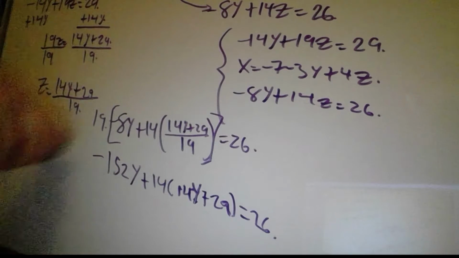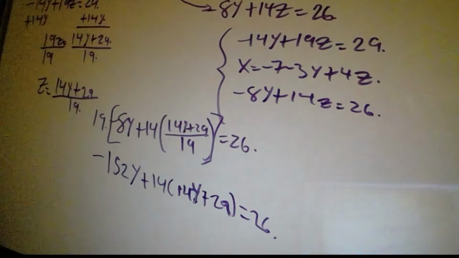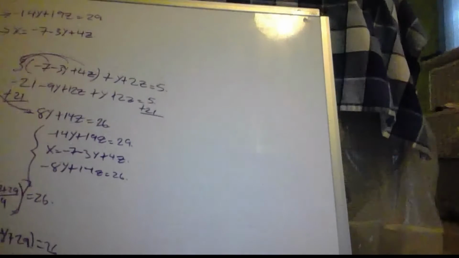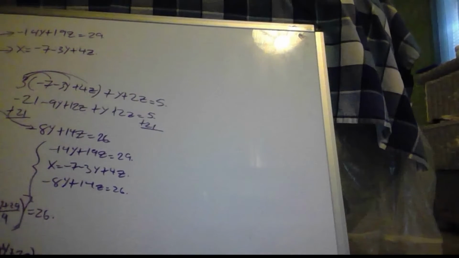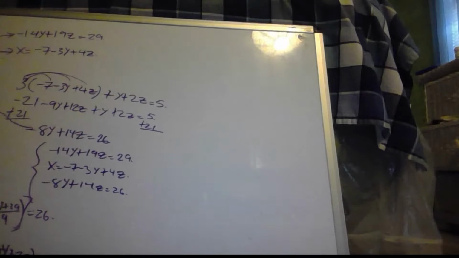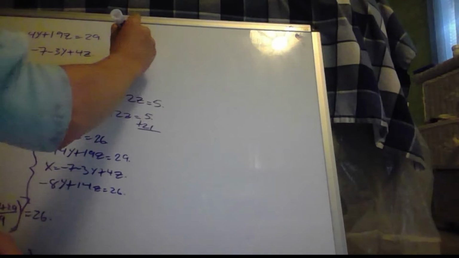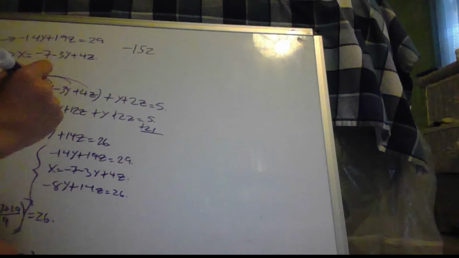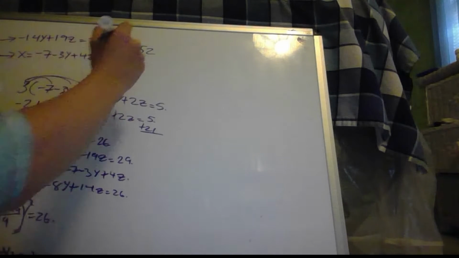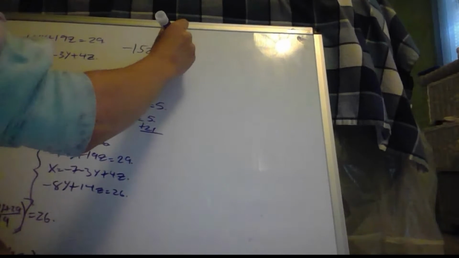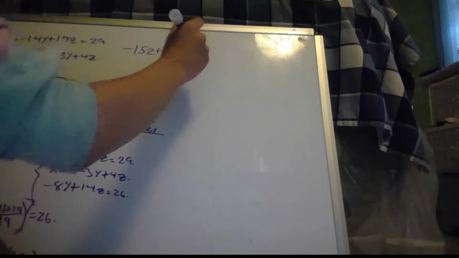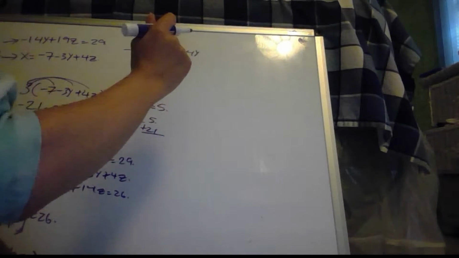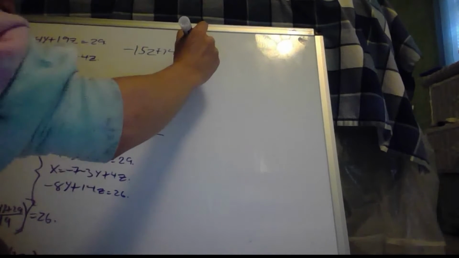Now, let's rewrite that over here. So, negative 152y, right, plus 14 times 14y plus 29 equals 26, right?